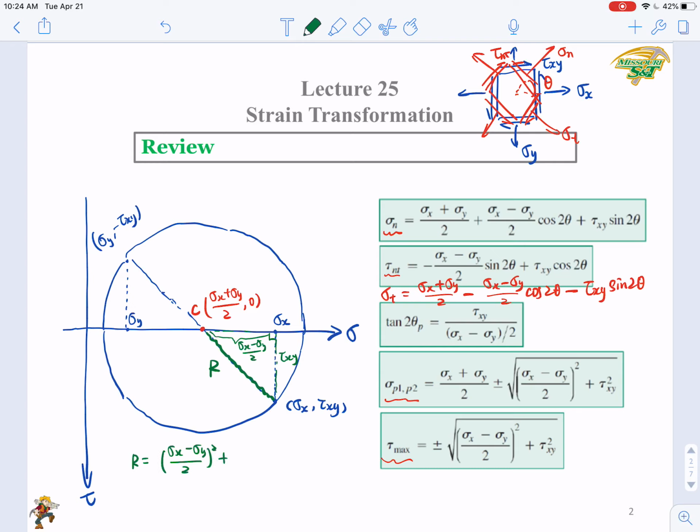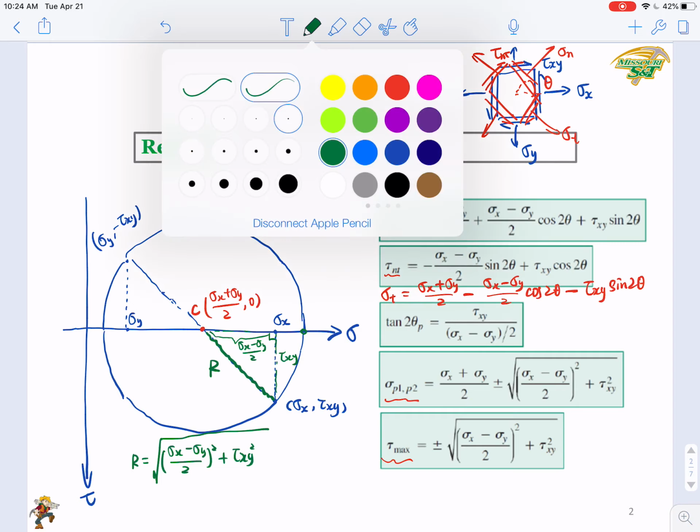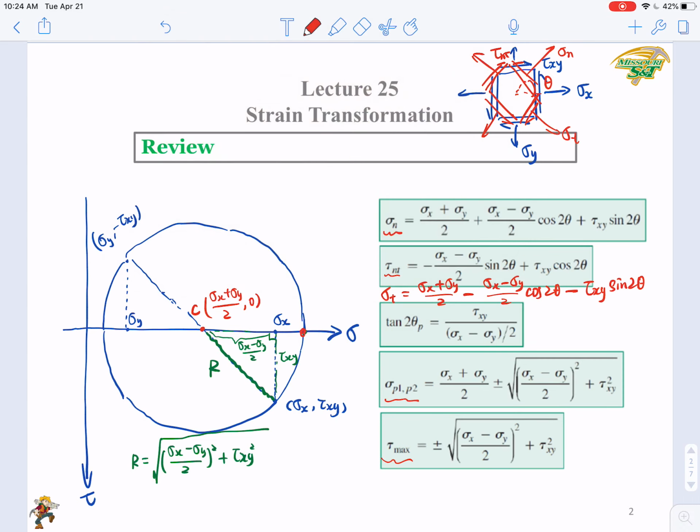Okay, so in this way, using the C and R, we can find here the maximum normal stress. Let's denote it as sigma P1. And here you get sigma P2.